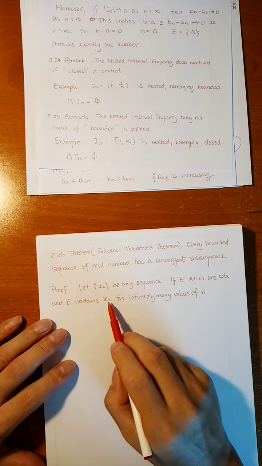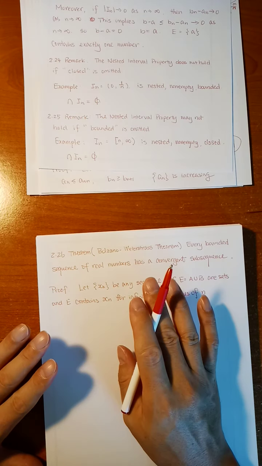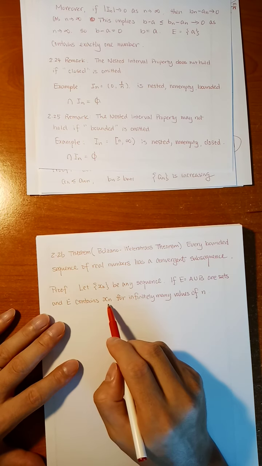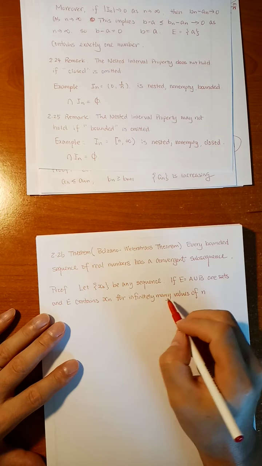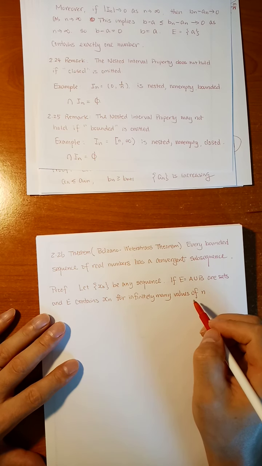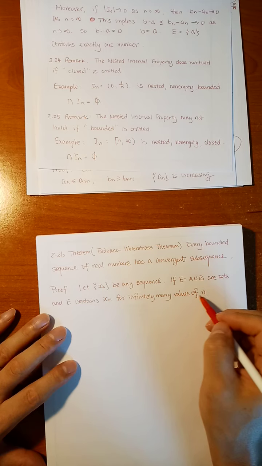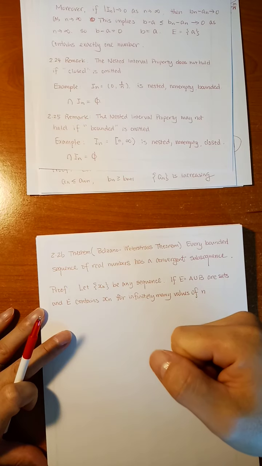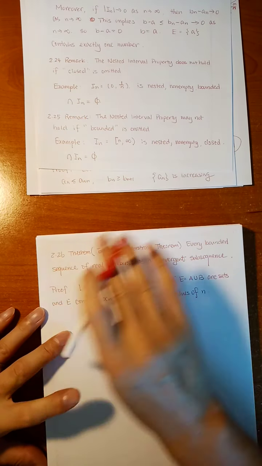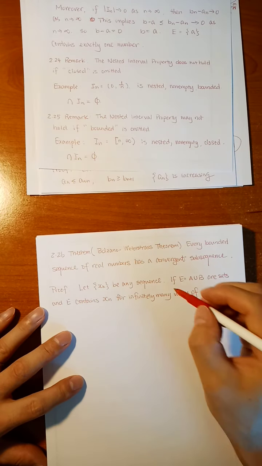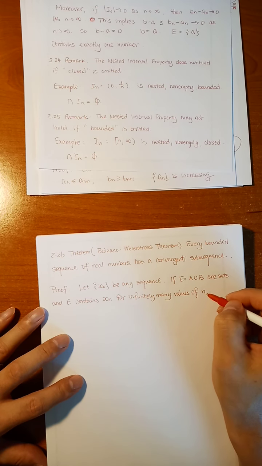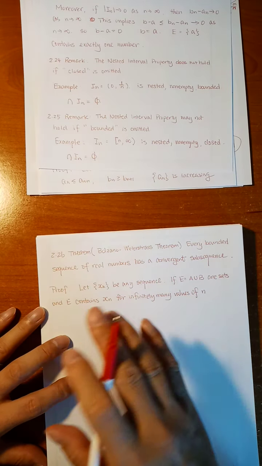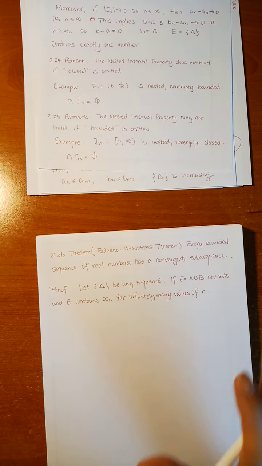Maybe x_n is a constant number, for example x_n is always 1. So E contains 1, but x_n corresponds to infinitely many values of the index n. So we say E contains x_1, E contains x_2, E contains x_3. Even though they repeat, the constant, we count them for infinitely many values of n. Even though you have 1 1 1 1 1 all the time, we see we have them infinitely many times.